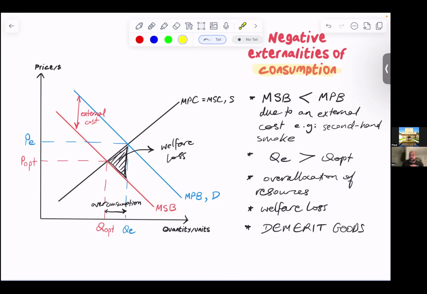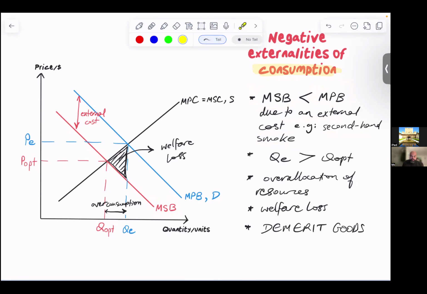Because the benefit to society is less than the benefit to the individual. The MSB is less than the MPB due to an external cost, for example, secondhand smoke. Okay, so if somebody decides to smoke in your presence, they're not just harming themselves, they're also harming you because of that secondhand smoke. Passive smoking has health problems as well.